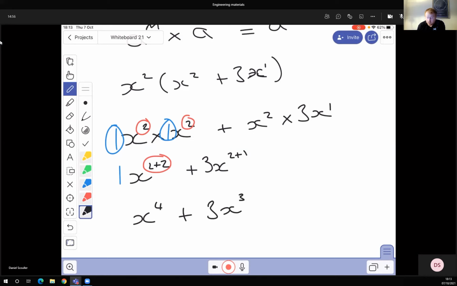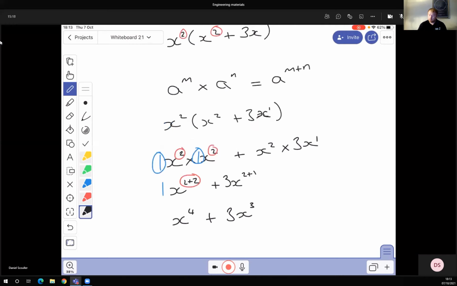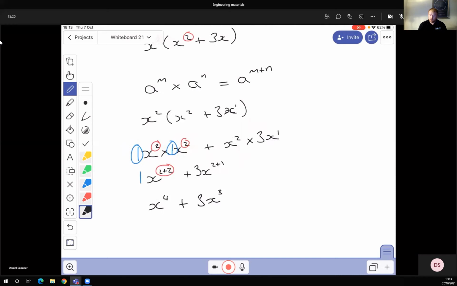So when we're multiplying x squared and x squared, or x squared and x cubed, or x to the power of 3 times x to the power of 4, those indices, the small numbers that are floating, add together. I think we were quite comfortable with that last week, but there is a rule there, so familiarise yourself with it.